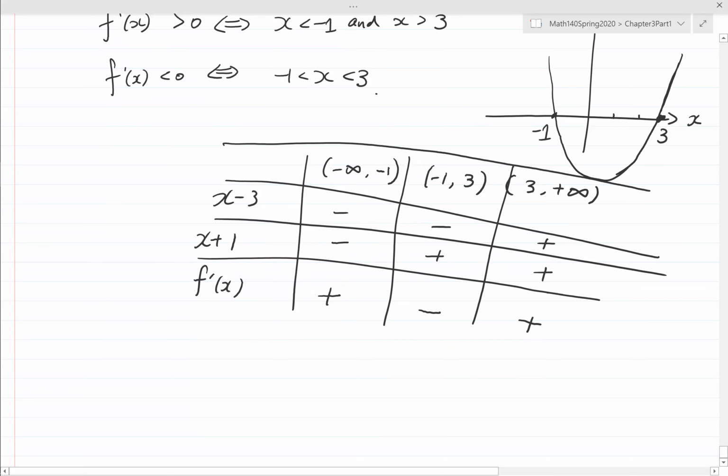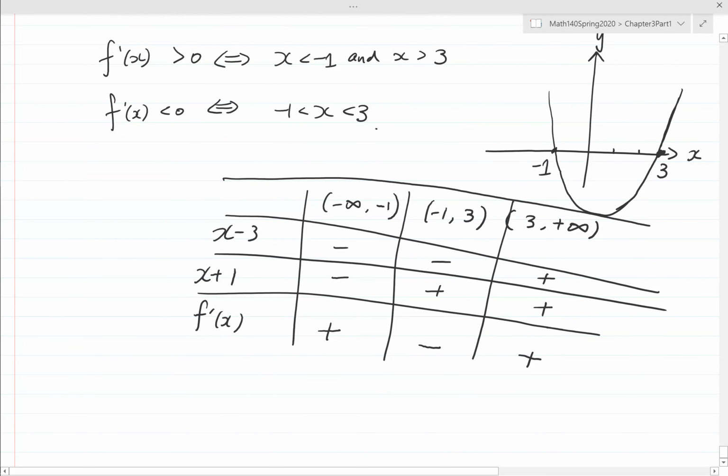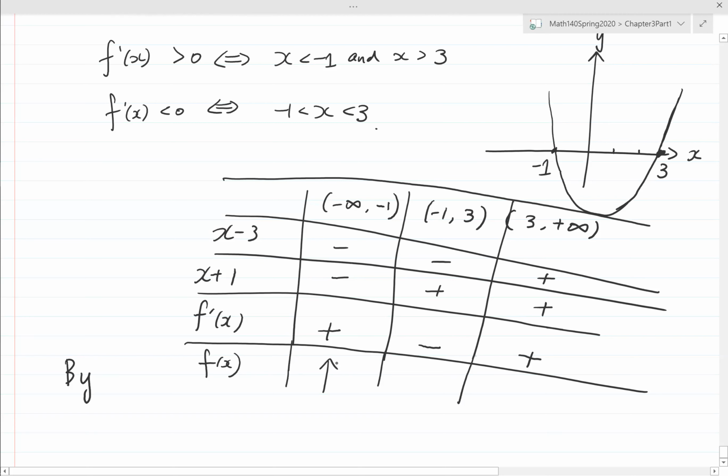So the derivative is positive from negative infinity to negative 1 and from 3 to positive infinity, these 2 intervals. By the increasing/decreasing test, if the derivative is positive, the function is increasing. If the derivative is negative, the function is decreasing.